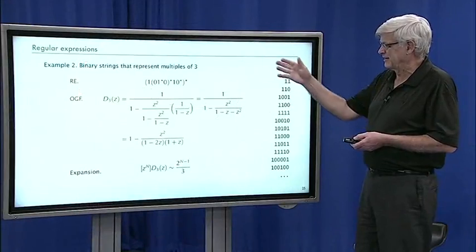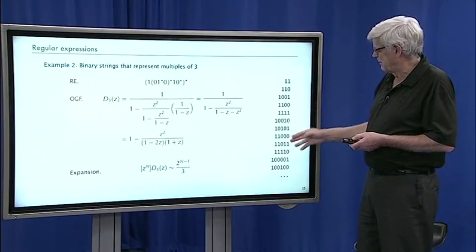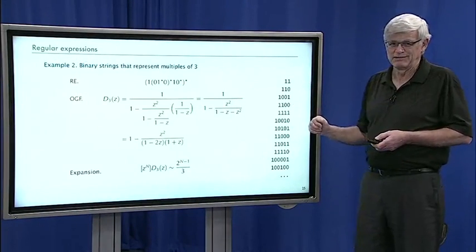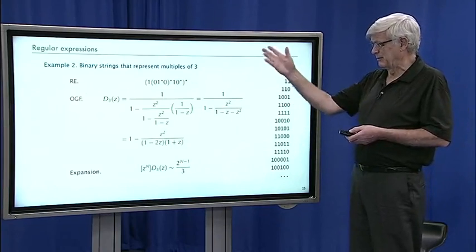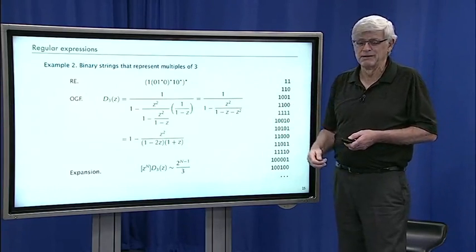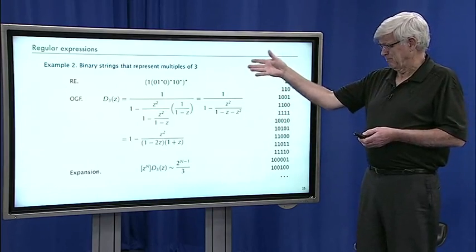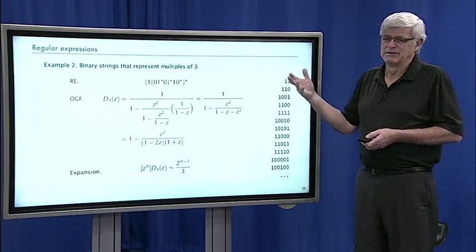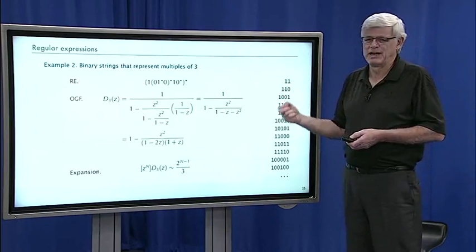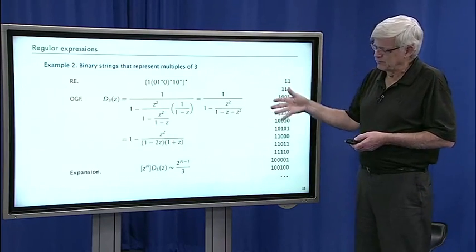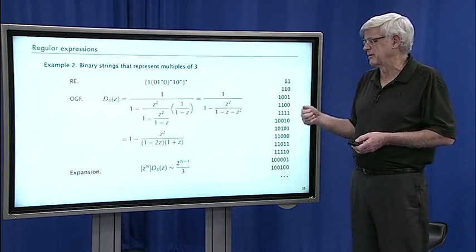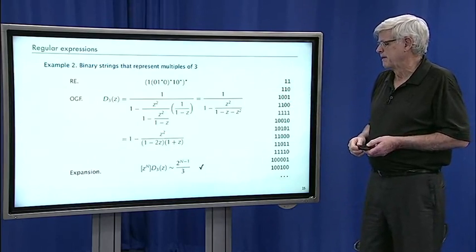And that's what you'd expect. You always have a 1 bit, and then you get 2 to the n minus 1 possibilities, and a third of them are going to be multiples of 3, approximately. There's a minus 1 to the n to make it come out exactly. But this is a fine example of enumerating regular languages. So it's just the symbolic method in different notation.